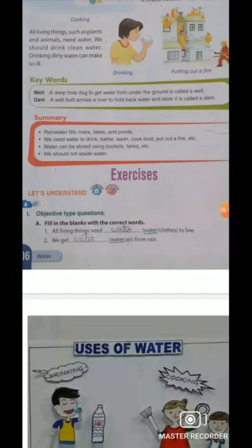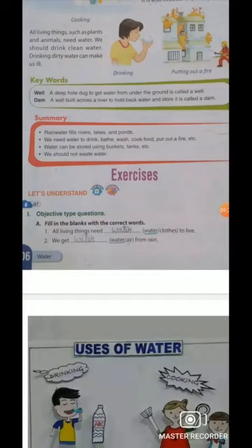And make a list of storage of water, where you store the water at your home, and write their uses of water. And write how we can keep the water clean for drinking.